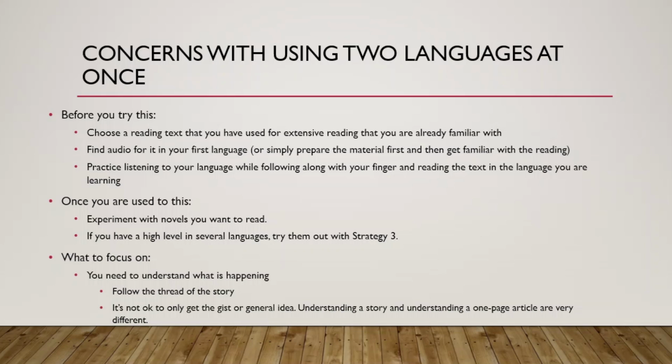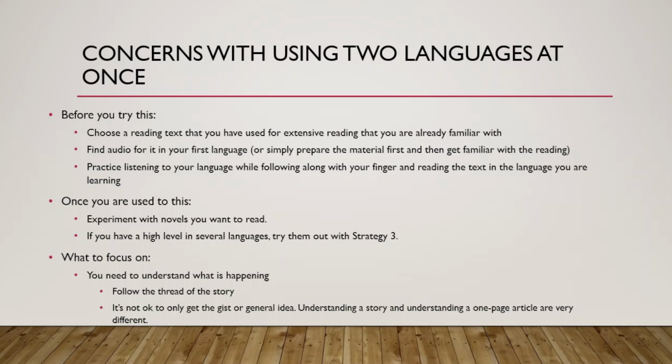For example, I can't do this with Harry Potter in Russian, despite having studied quite a bit of Russian. Can't do it with Arabic because my Arabic isn't good enough, and I can't read that fast in Arabic. I could do that with Portuguese because I'm familiar with several languages similar to Portuguese. So just make sure you have an ability before you try this and then criticize it.